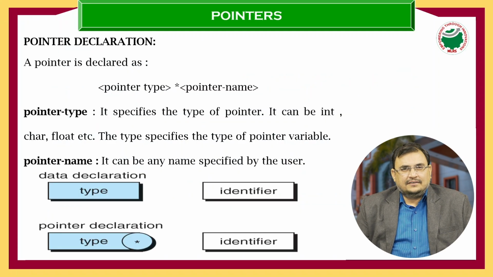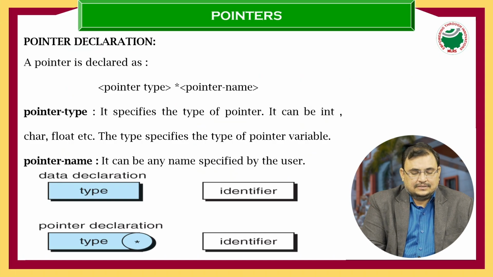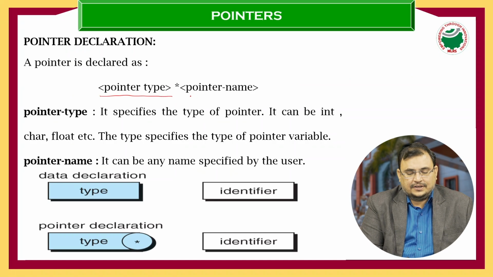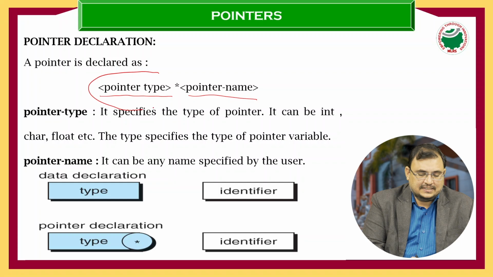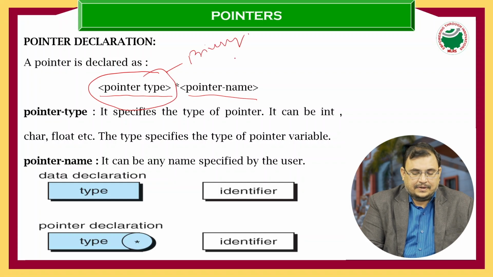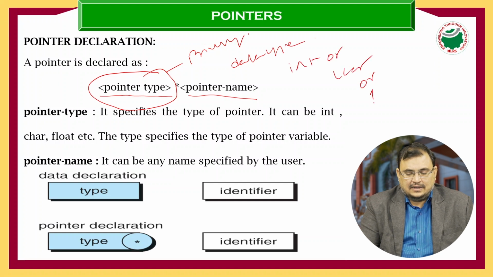Coming to pointer declaration, the syntax of a pointer is: pointer type, asterisk, pointer name. Here the pointer type is a valid primary data type. It may be integer, float, character, double, long double, any primary type.